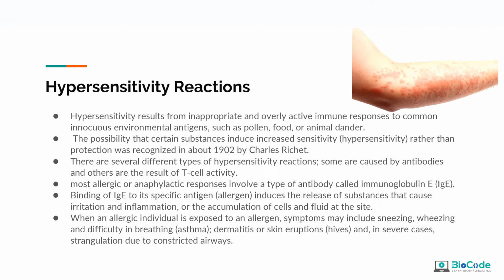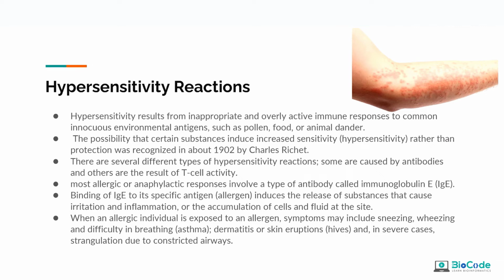Most allergic or anaphylactic responses involve a type of antibody called immunoglobulin E. Binding of immunoglobulin E to its specific antigen, which is called an allergen in this case, induces the release of substances that cause irritation and inflammation, or the accumulation of cells and fluids at that site.